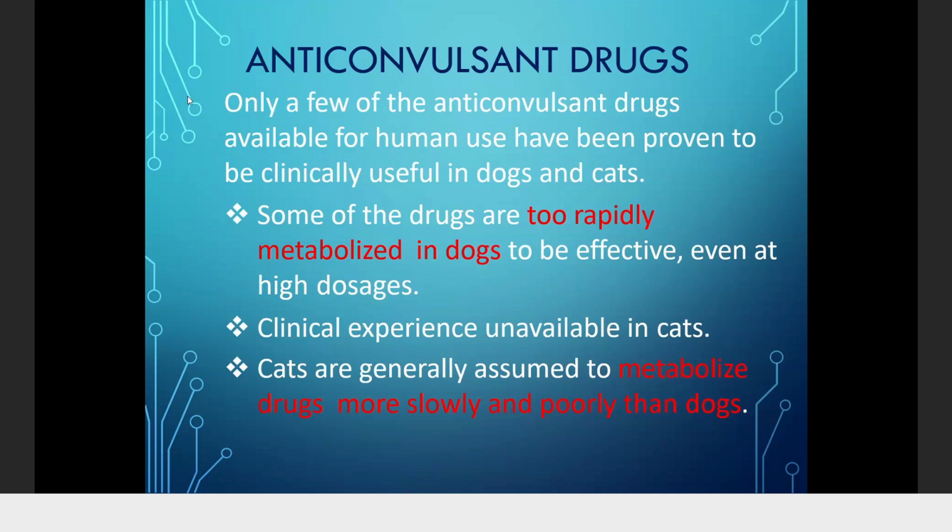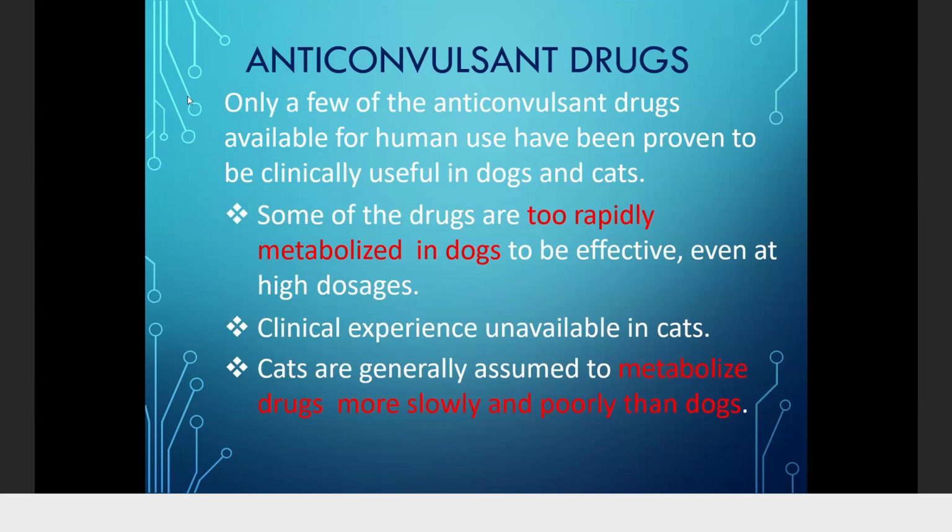But mainly the anticonvulsant drugs in veterinary practice are licensed, or registered, for use in dogs, not many in cats. Sometimes we extrapolate the dose of dogs to cats. Okay, so mainly they are available for dogs.